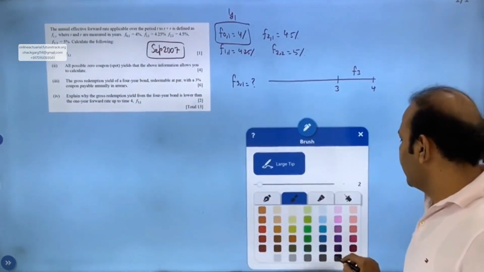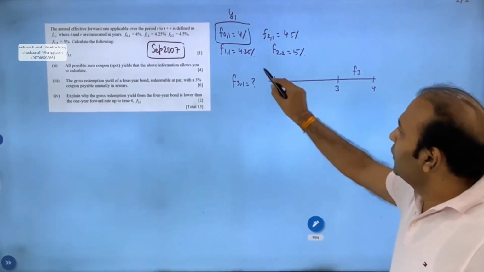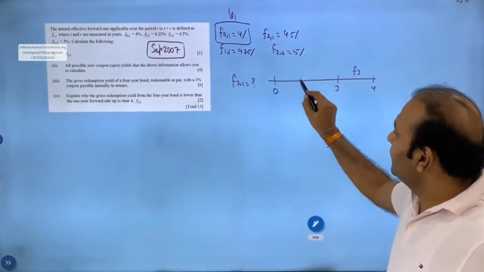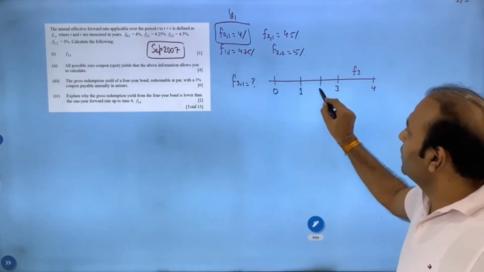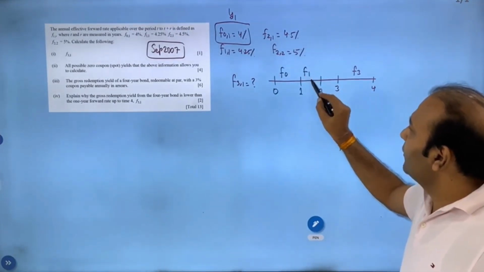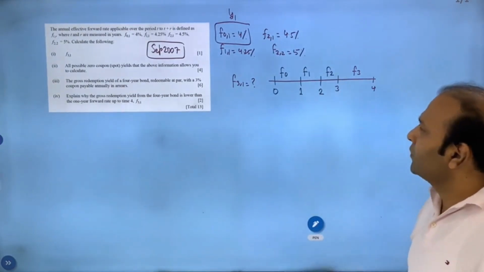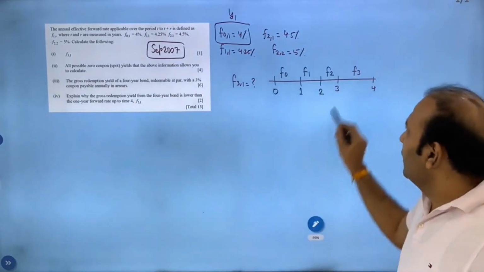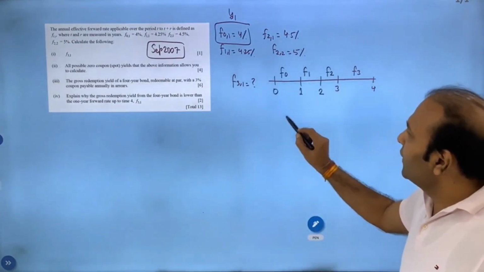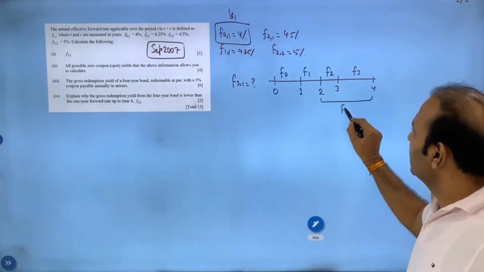Now class, let's see the other parts of what we have been given. We have been given f0, f1, f2, right? f3 we have to calculate, plus we have been given f2 comma 2 also.